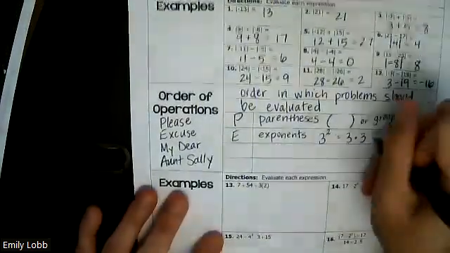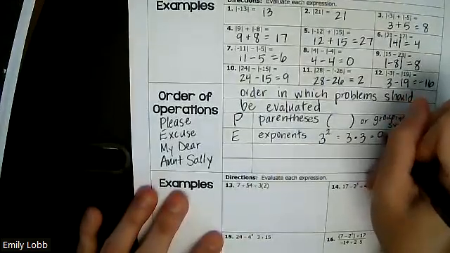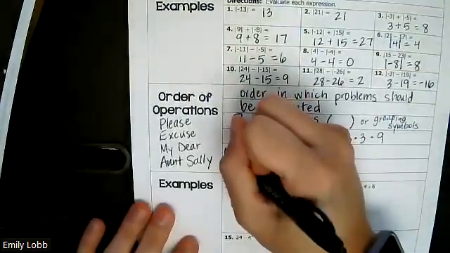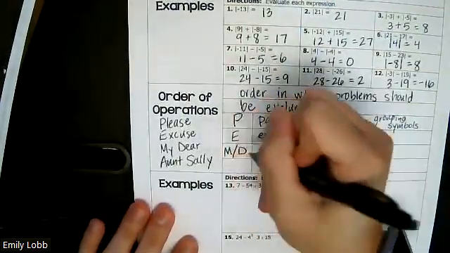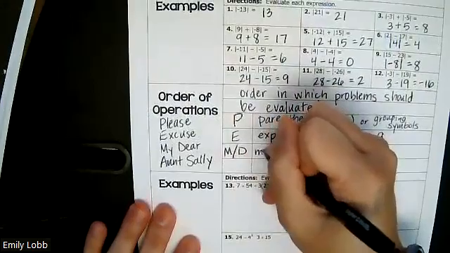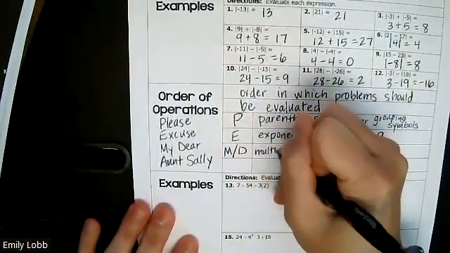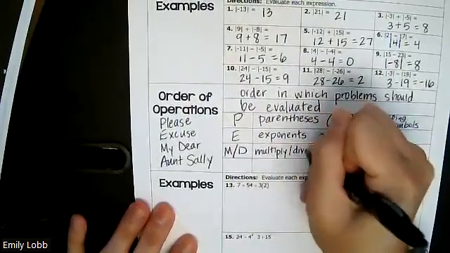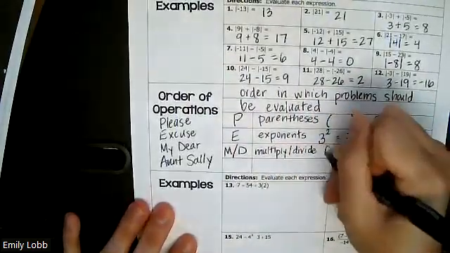So after we evaluate any operations that are inside the parentheses, we've got to look for exponents. What is after exponents? Multiplication and division. We have to put them together because we're going to multiply and or divide from left to right.